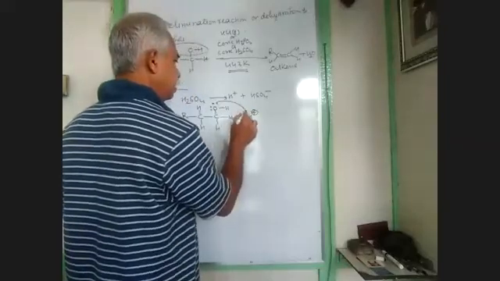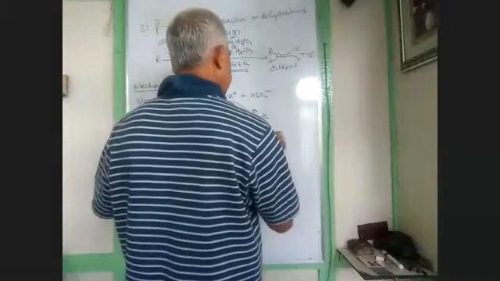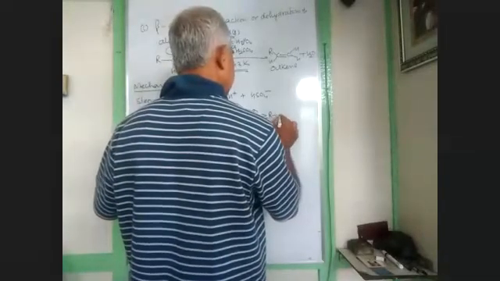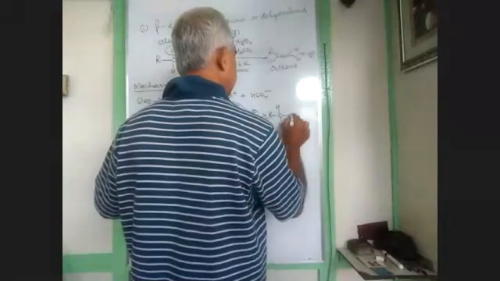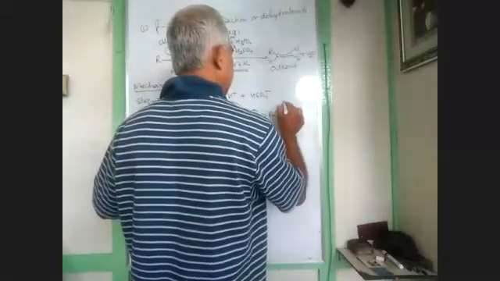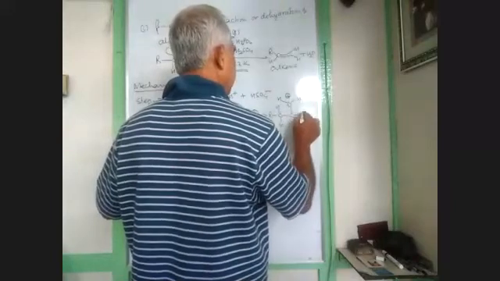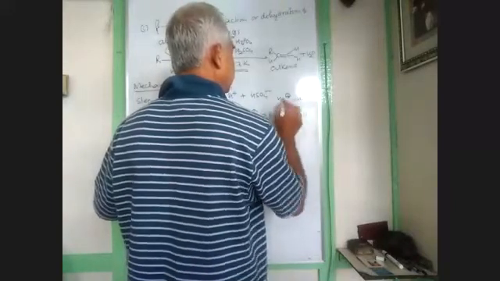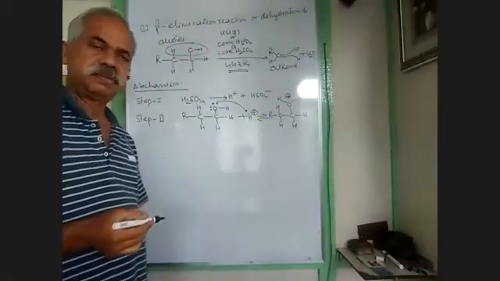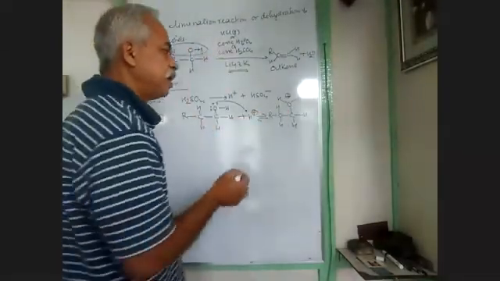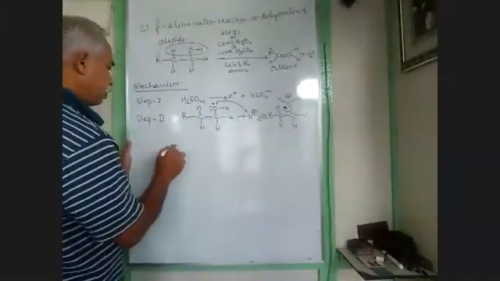So immediately it will go like this. So what are you going to get? You'll get here R, C, H, H, C, H, H, O, H, and H. Look there, this is an oxonium ion. So this carbon oxygen bond will break and water will go out.